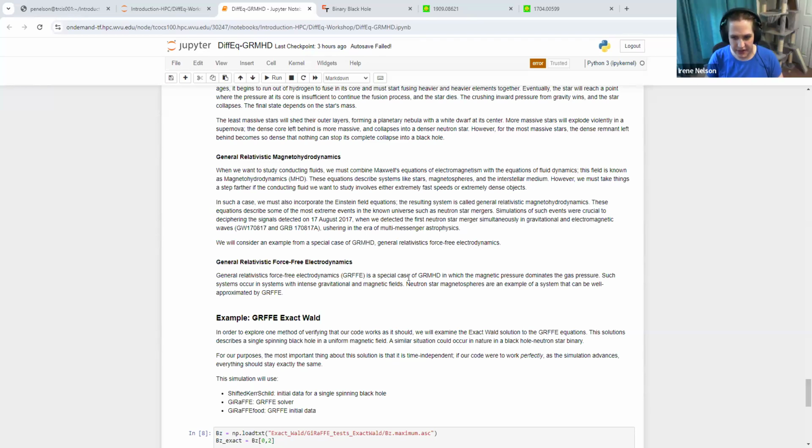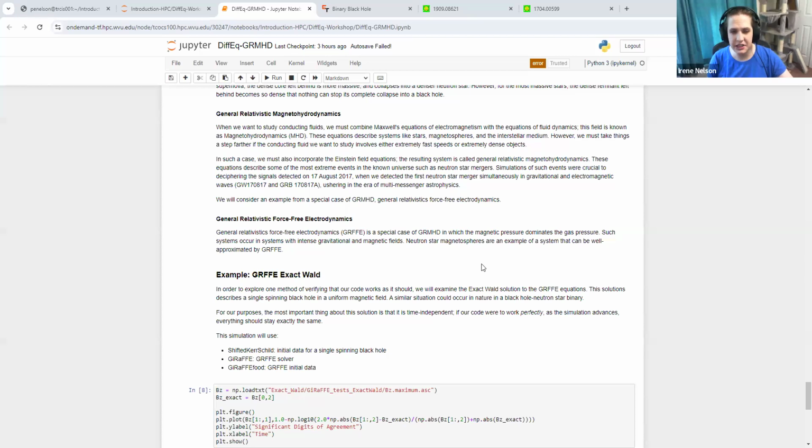This confirmed a lot of what we theorized about neutron star mergers. It really brought us into the era of multi-messenger astrophysics. A lot of theories about the r-process nucleosynthesis were confirmed. So that explains a lot about where gold comes from.